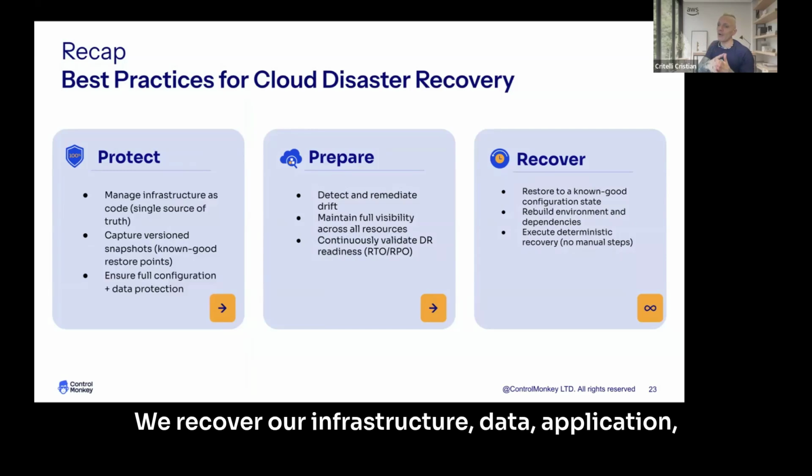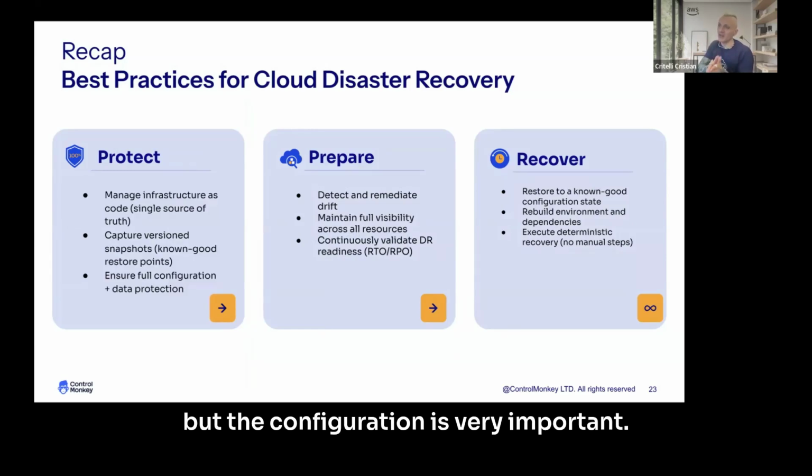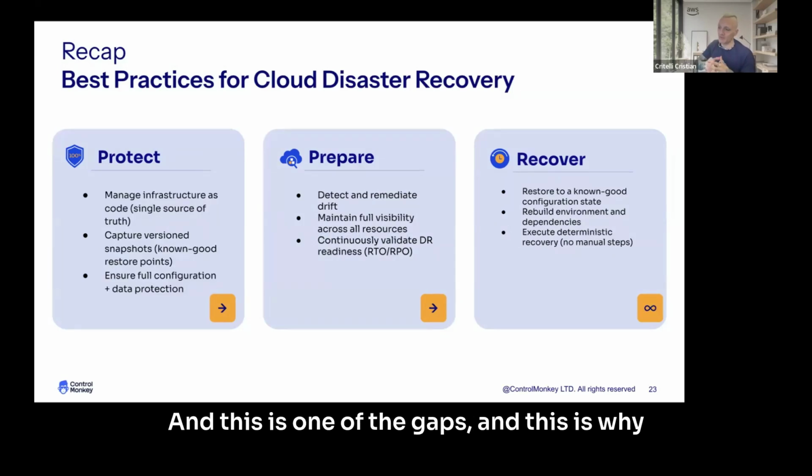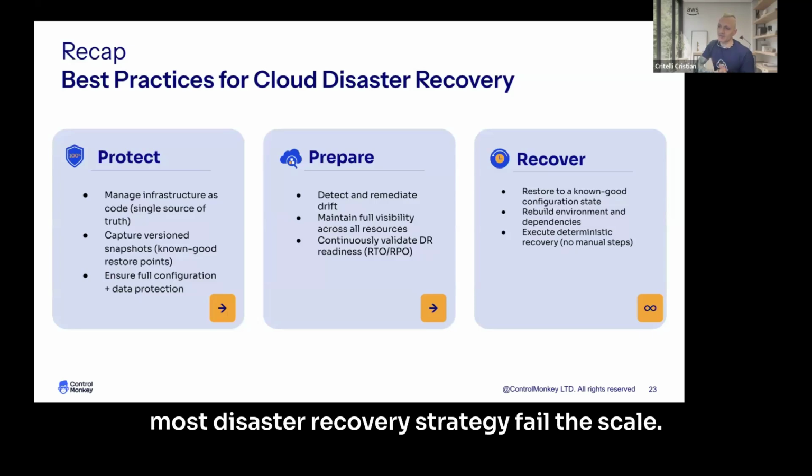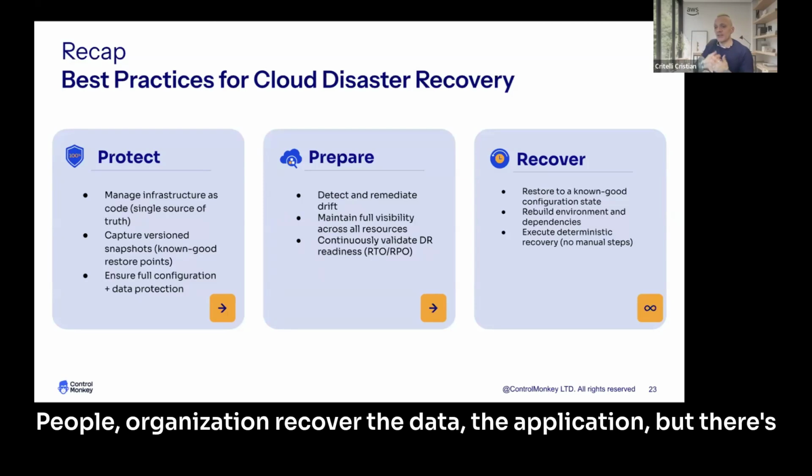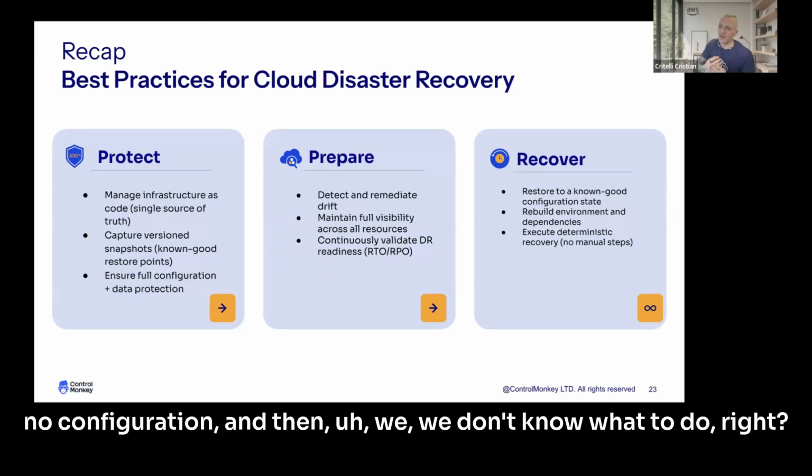We recover our infrastructure, data, application, but the configuration is very important. And this is one of the gaps. And this is why most disaster recovery strategies fail at scale. Organizations recover the data, the application, but there's no configuration. And then we don't know what to do, right?